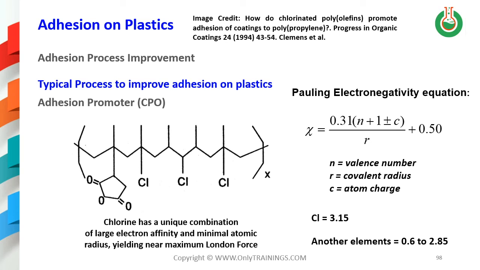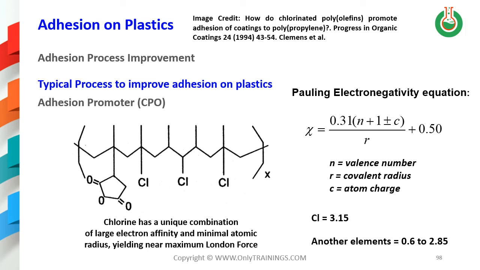In other words, chlorine is very electronegative, so it's able to be attracted by any kind of polar groups on the plastic surface. Besides this, chlorine has a very small atomic radius, so it's able to stay as close as possible to the plastic and the coating.